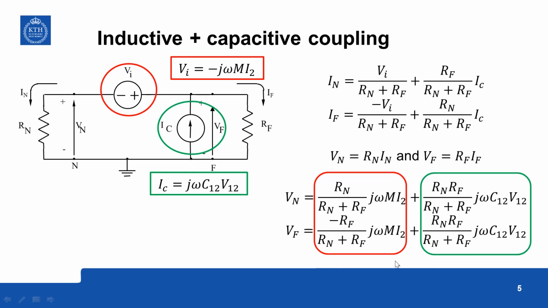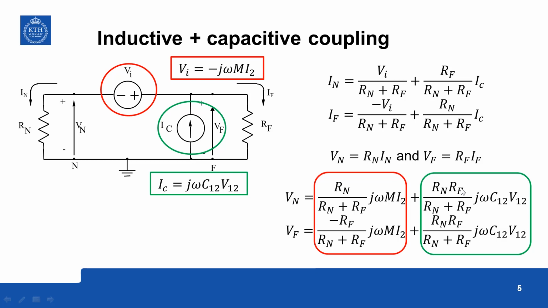Now the first term in each represents the inductive coupling, and the second term in both represents capacitive coupling. You can immediately see some interesting properties. Say if you look at the capacitive coupling, whether it is near end or far end, they are identical.